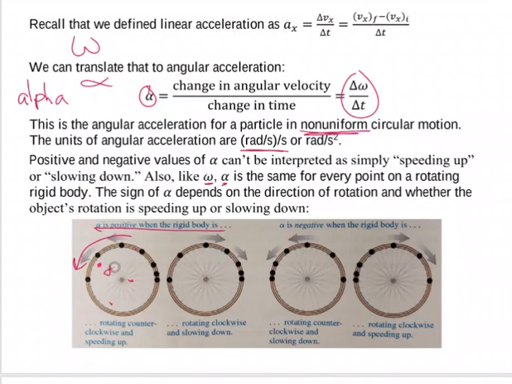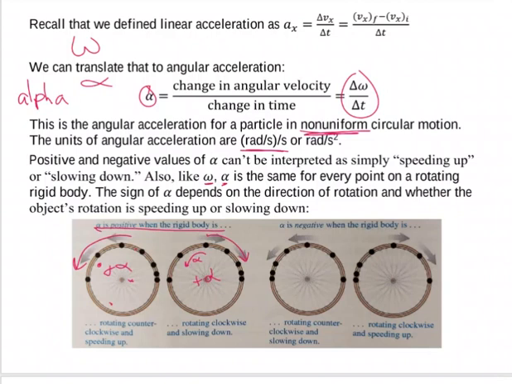Now notice this time omega is clockwise, but the dots are getting closer together, which means we are slowing down. So rotating clockwise, slowing down, means alpha is going this way. That means alpha is positive. Alpha would oppose the motion in this case, which means alpha is going counterclockwise.